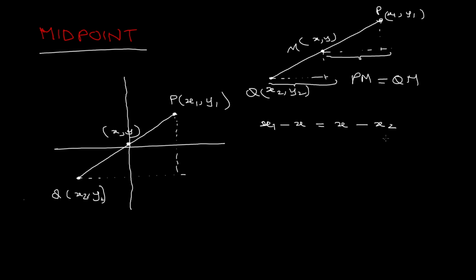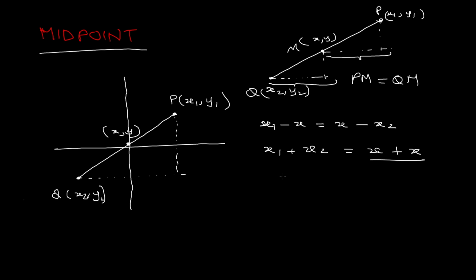Now I bring this side, because that's where my x will be positive. So I take x2 to the other side. So I have x1 plus x2, this one changes to positive. We looked at various ways of doing this. Then that is x, right? So now I'll flip this.